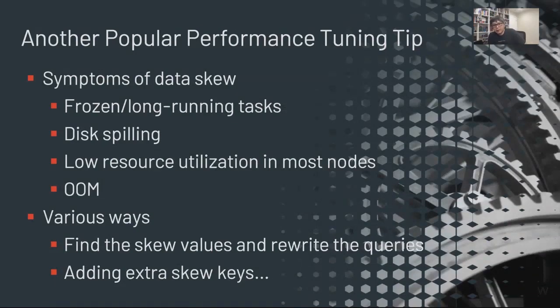You can find the skew value first and then rewrite the query to handle the skew values separately. And also you can add an extra skew key that can remove the skew, either new columns or some existing columns. But anyway, you have to manually rewrite your queries. This is annoying and sensitive to your workloads, which could change over time.